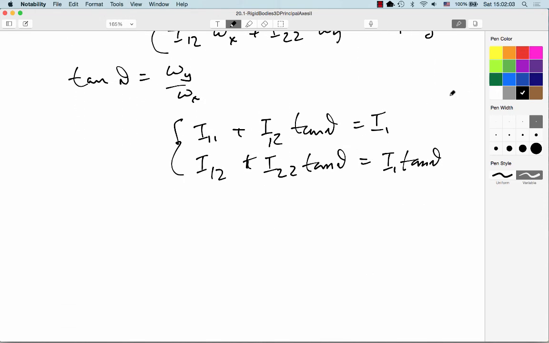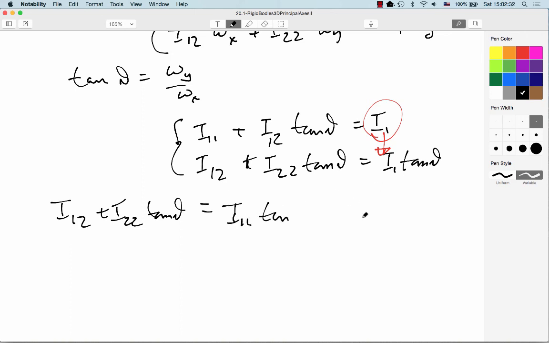All right. Well, conveniently, I have I1 in terms of my unknowns here, so I can certainly plug it in down there to get my theta. So that's going to give me I12 plus I22 tan theta equals I11 times tan theta plus I12, tan theta.